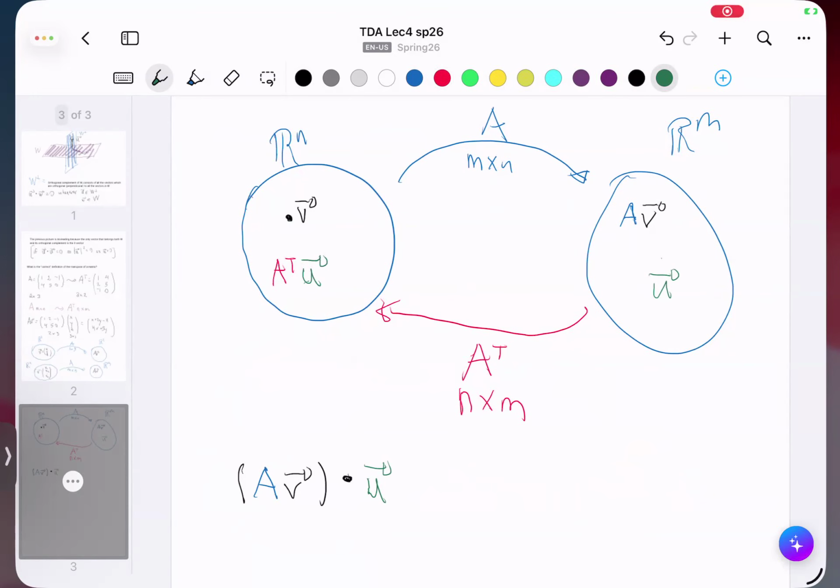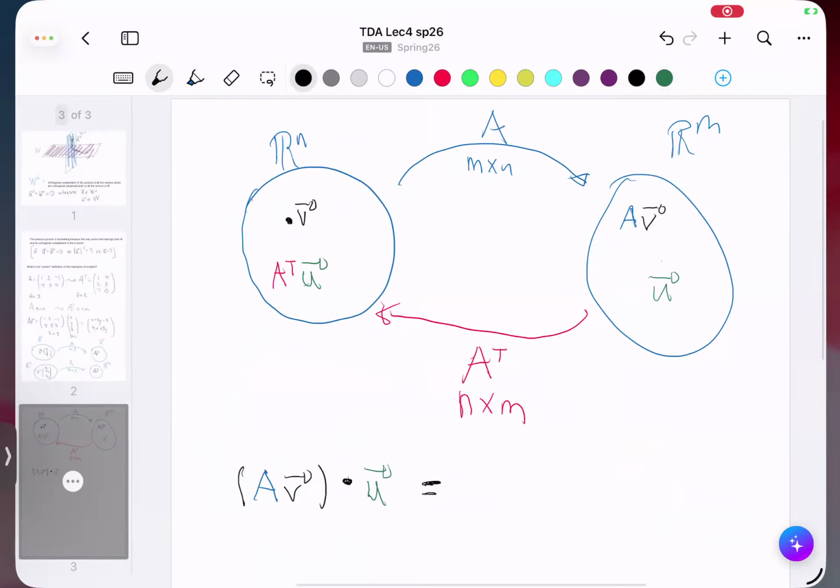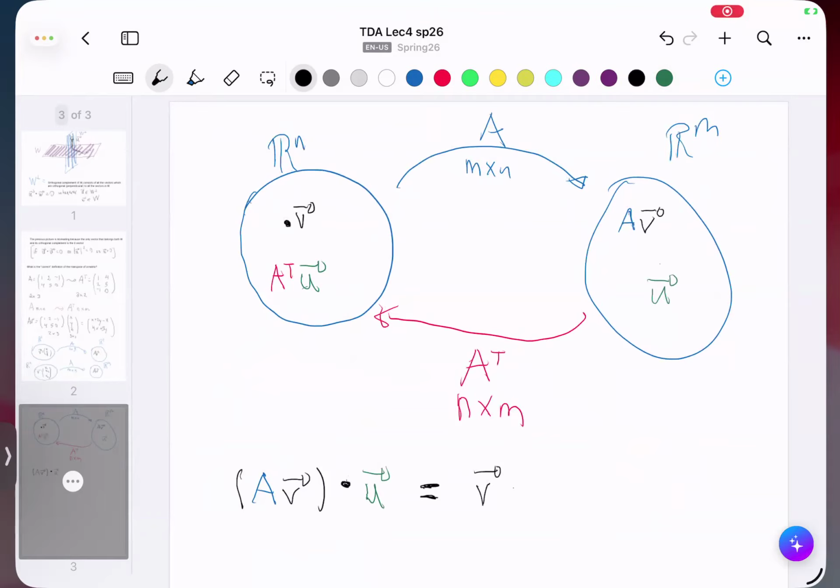And now because A transpose U is in Rn, you could also take the dot product with V. So the transpose is actually defined so that those two dot products end up being the same number. I'll show you what I mean by that.